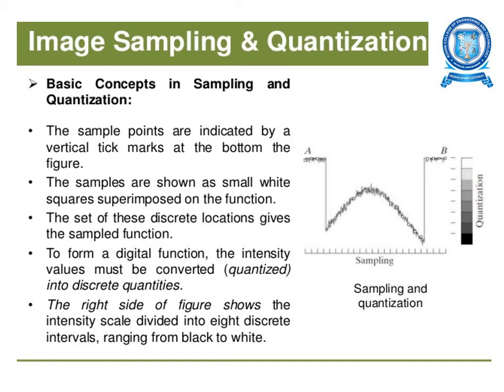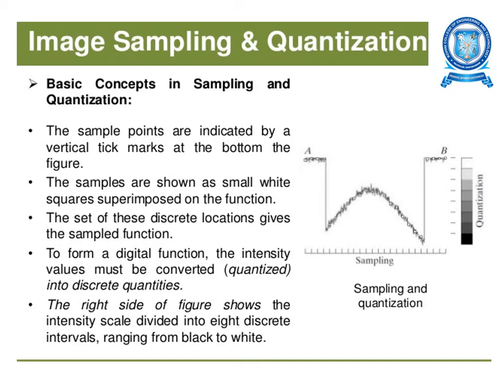Sample points are indicated by vertical tick marks at the bottom of the figure, as you can see there. Samples are shown as small squares superimposed on the function along the analog curve. The set of these discrete locations gives the sampled function.